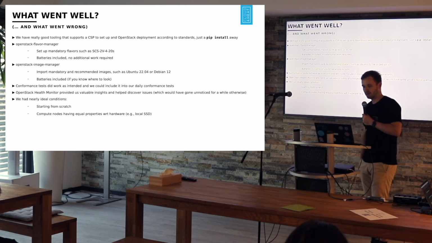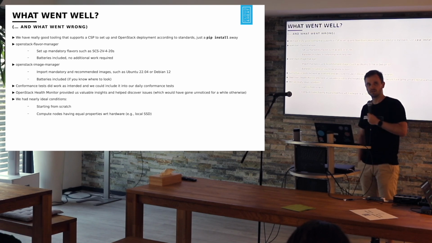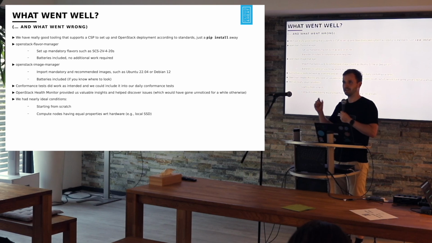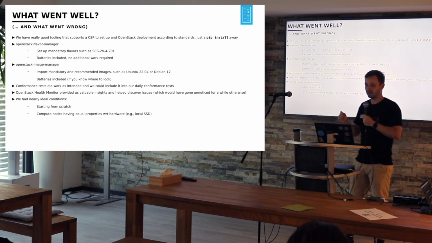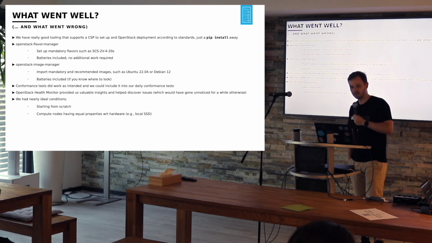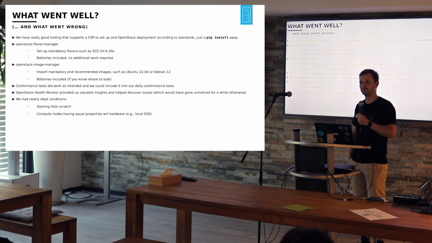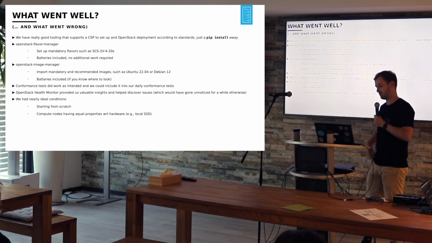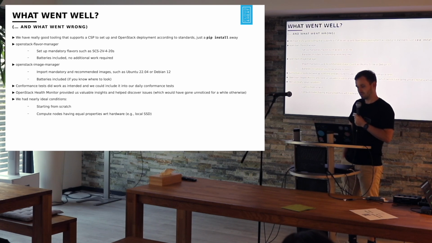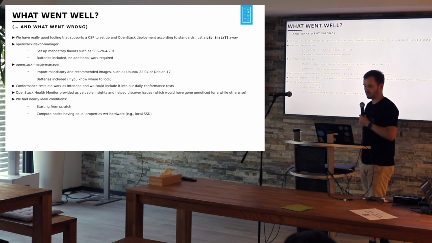Every cloud which is listed in the SCS-compliant clouds table has a little link HM, which you can click. And we, of course, also provide one. This health monitor actually provided us some valuable insights for some problems we hadn't seen before. I will talk a little bit more in detail about that later.